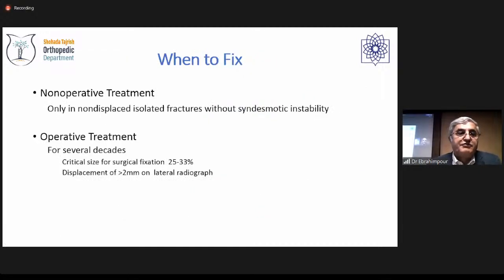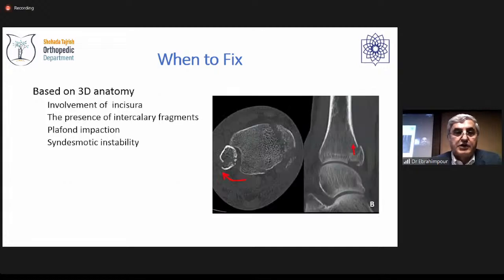When to fix it? First of all, non-operative treatment is usually only indicated for isolated fractures without syndesmotic instability. For operative therapy, for several decades we have had this classic definition: critical size for surgical fixation of more than 25 to 33% of the articular surface, or displacement of more than 2 millimeters on lateral radiograph.